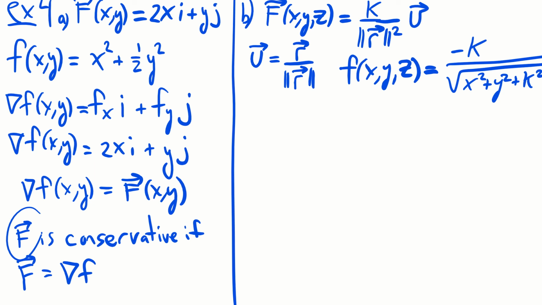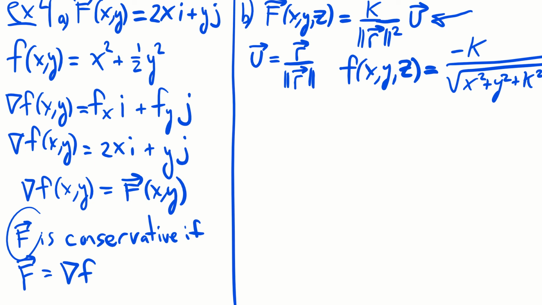It also turns out that every inverse square field is also going to be conservative. Let's suppose that we have an inverse square field. So we have the vector u, and it's some scalar of a constant divided by the norm squared of the vector r.